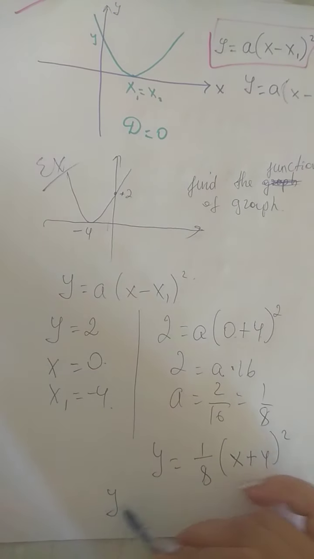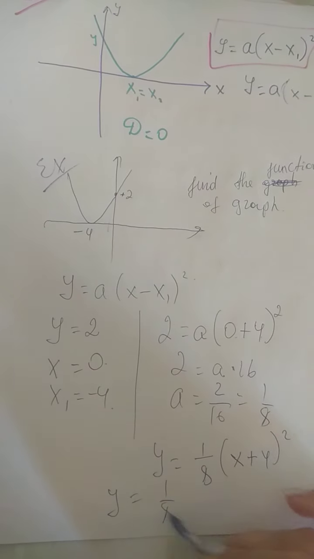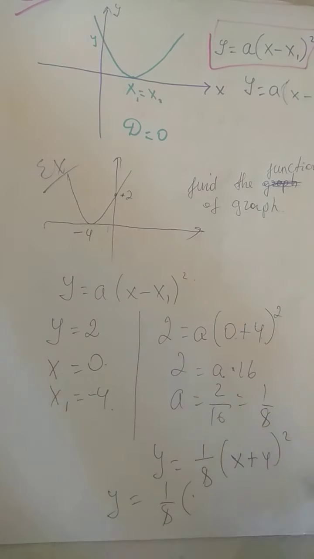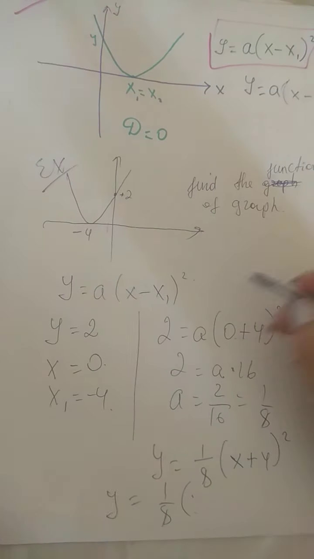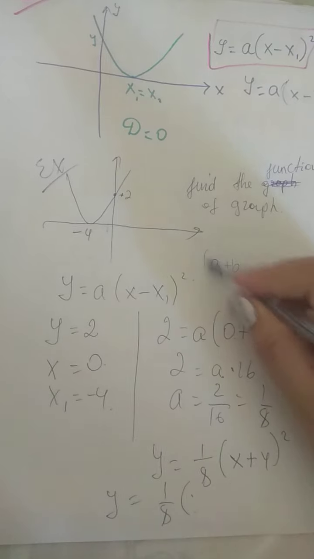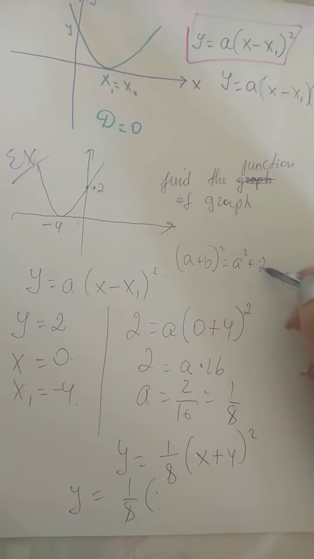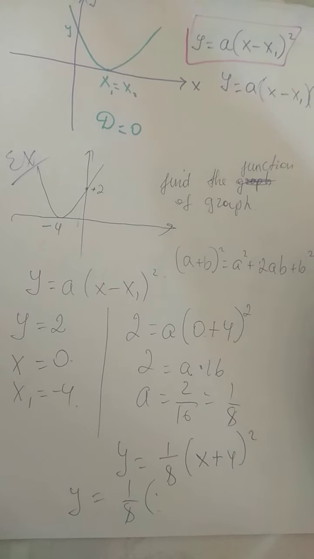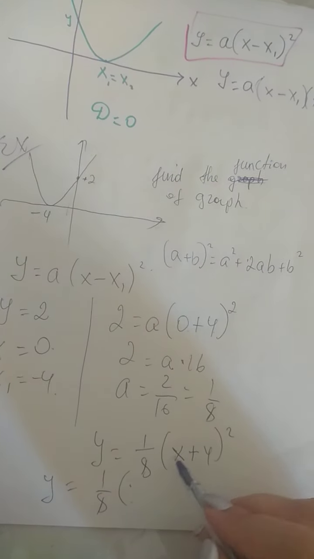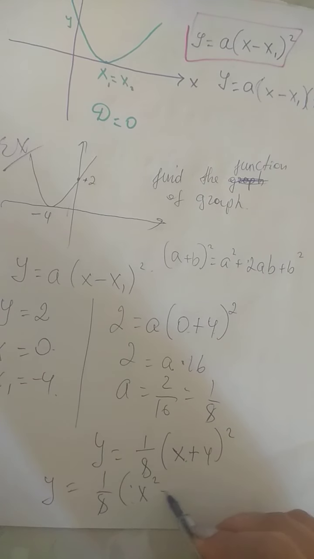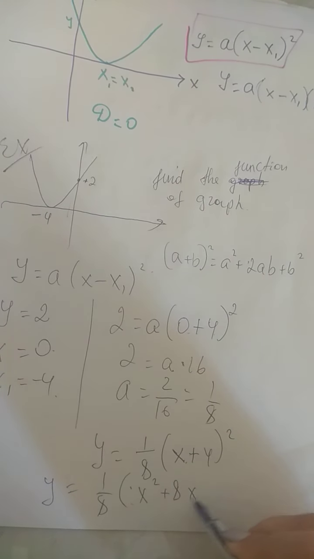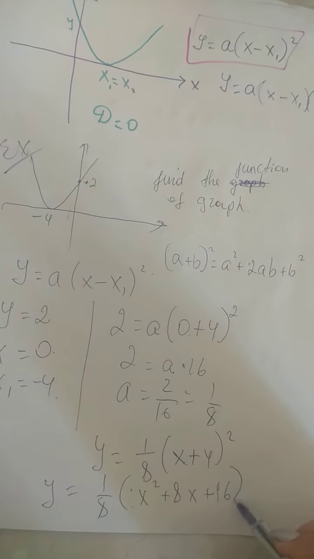So then we need to expand the bracket. Do you remember (a plus b) squared? The formula is a squared plus 2ab plus b squared. So we should do the same thing here: x squared plus 2 times 4 is 8x, plus 4 squared, which is 16.